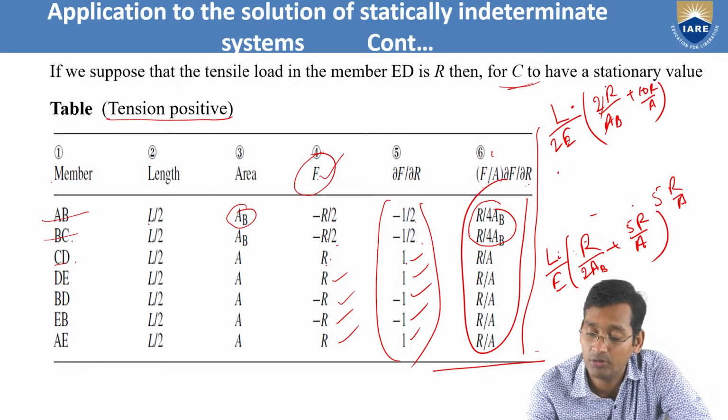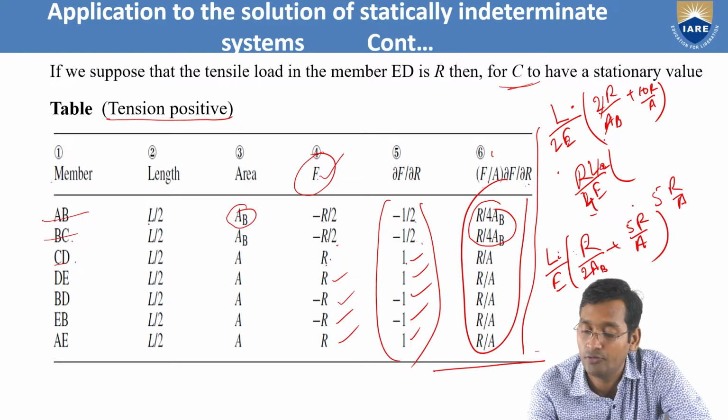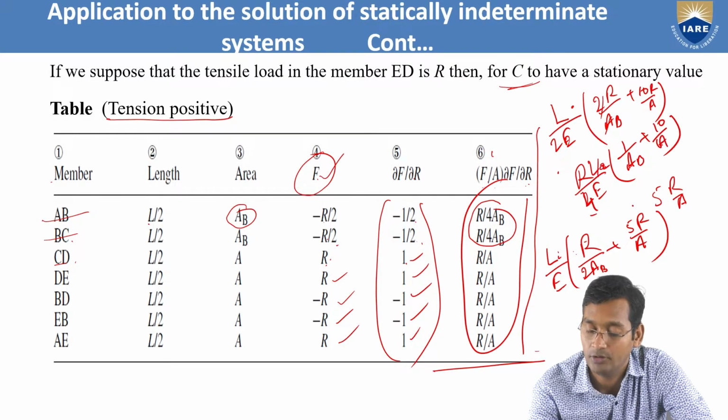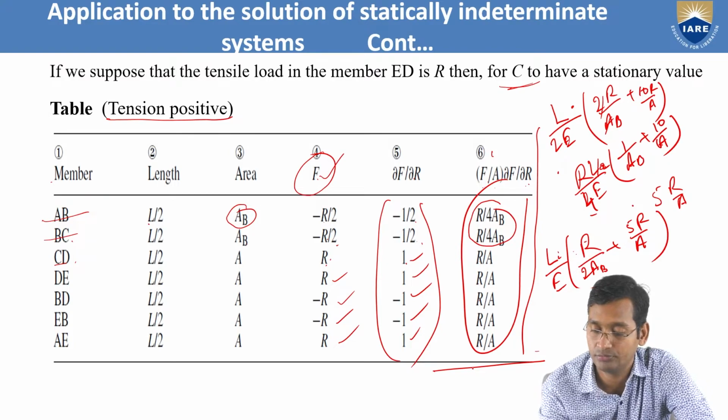After taking R common, it becomes RL by 2E, and this will be L by 2. So this becomes 4. So RL by 2, now this is removed, 4, and R is common: 1 by AB plus 10 by A. So this will be the sum of that all.